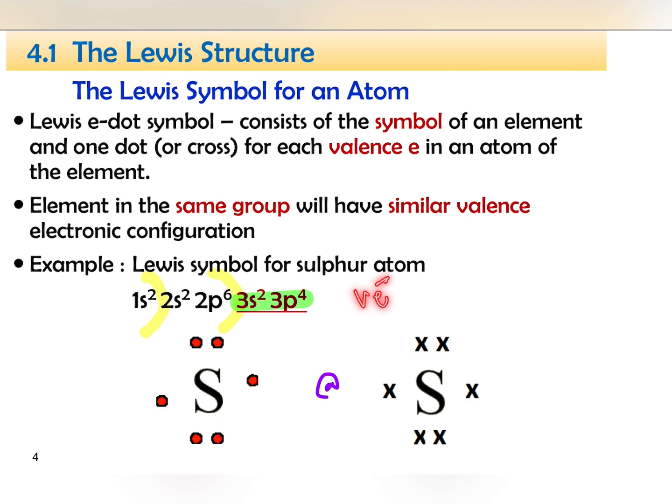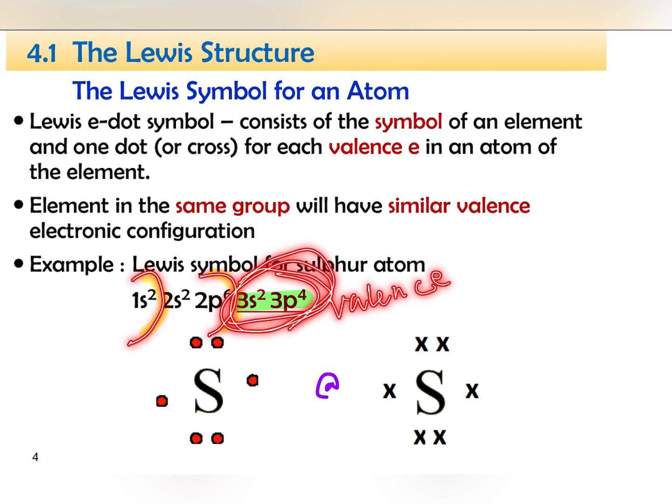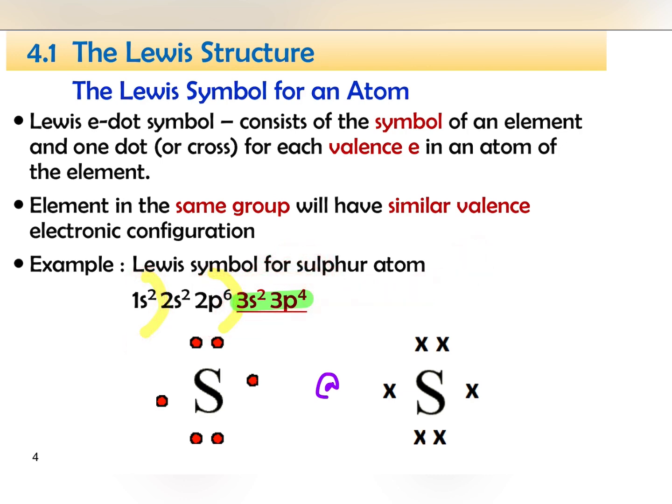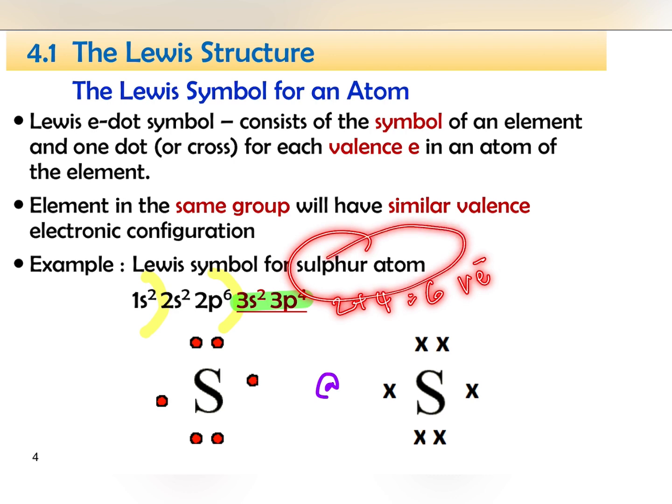Okay, so buat curve untuk separatekan dia punya first shell, second shell, n equals to 2 and the last one is n equals to 3. So this is the valence electron. Okay, so in total you have 2 plus 4, so you have 6 valence electrons for sulfur atom.